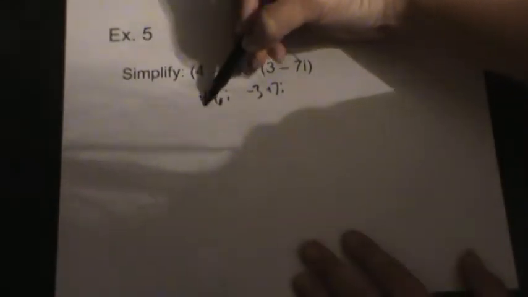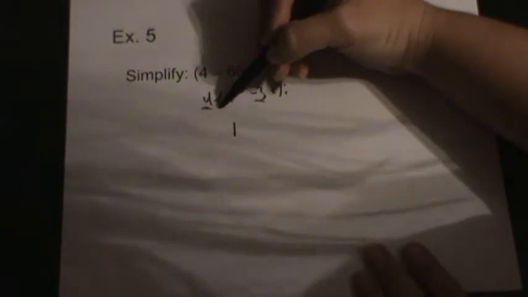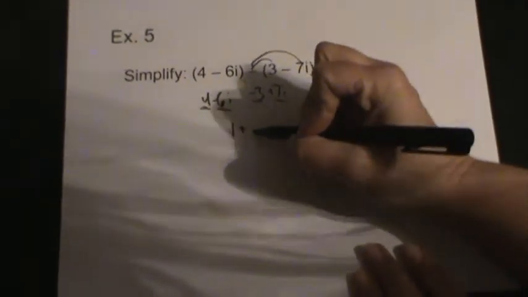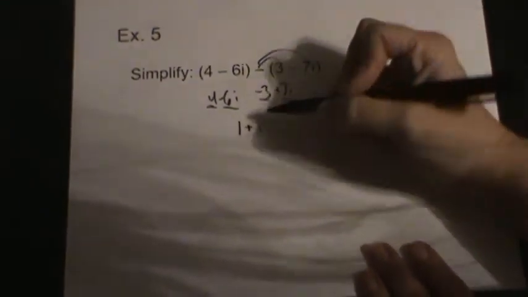You can only combine the terms that don't have an i with them. So 4 and a negative 3 would give me a 1. And then a negative 6i and a positive 7i just give me a positive 1i. So we just get 1 plus i. i does not have an exponent, so I know this is in total simplified form, and that is my answer.